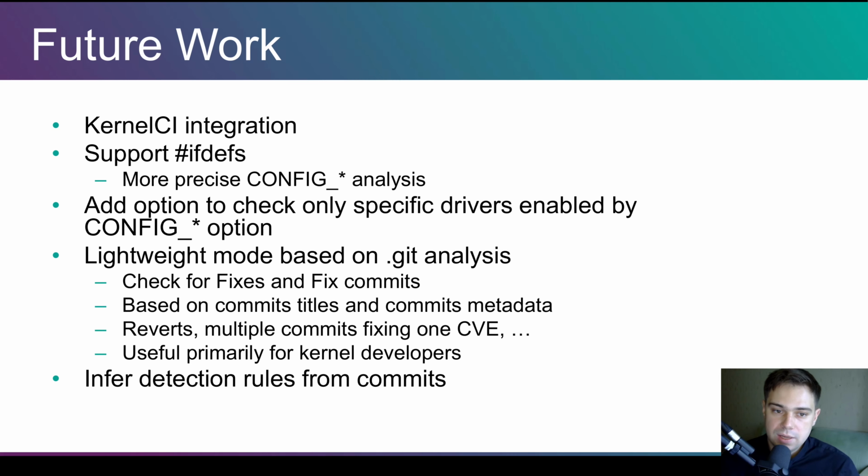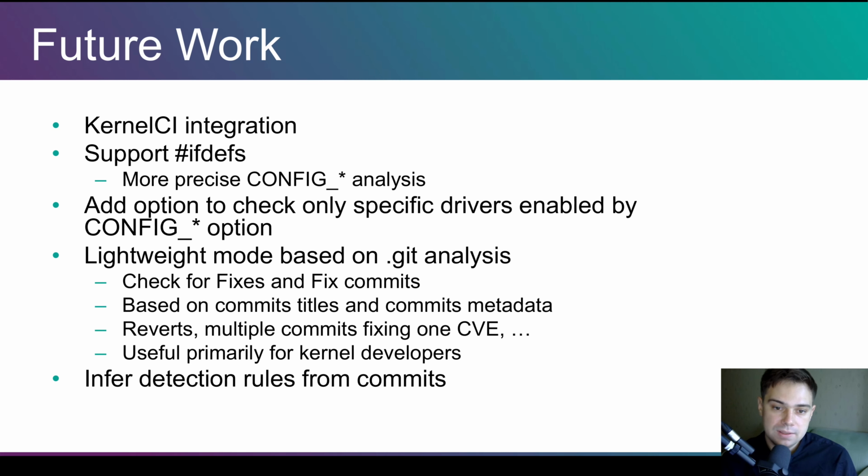A mid-term plan is to add another checking mode to the tool. This lightweight mode will check only the git log. Some of my colleagues asked me to implement this, and this mode will be useful mainly for kernel developers.